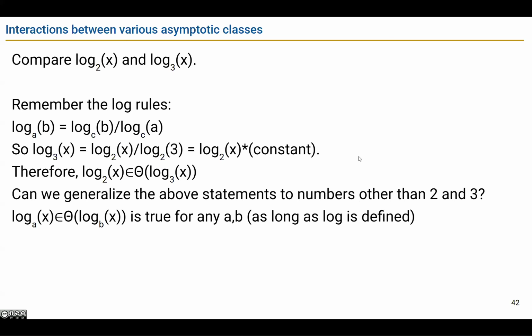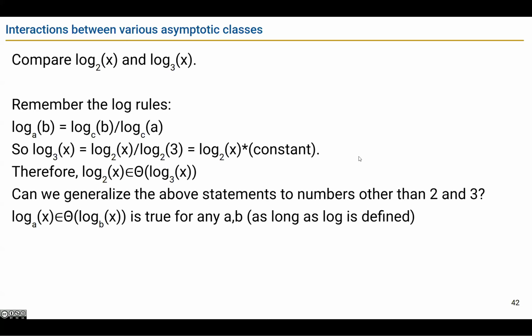Now, the reason why is because of some of these log rules. One of the rules that exists in logarithms is that the log base a of b is equal to the log base c of b divided by the log base c of a. It's the change of base formula.